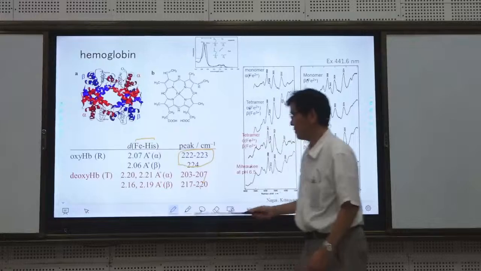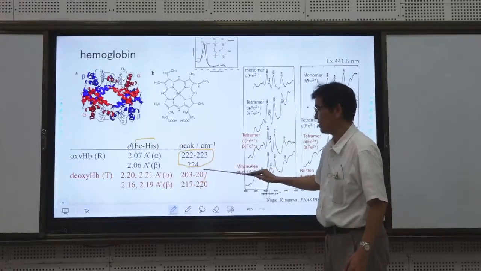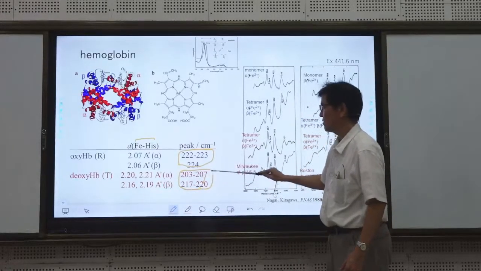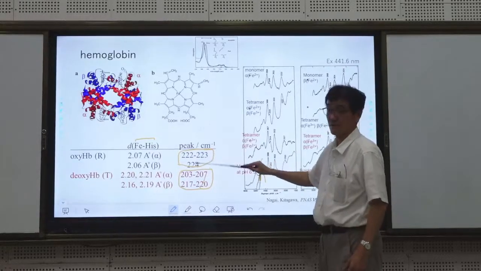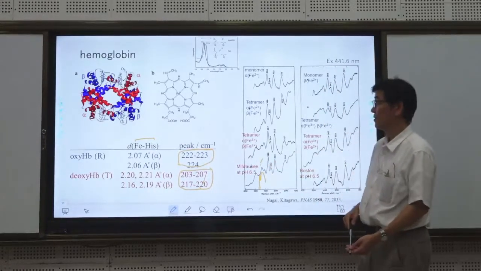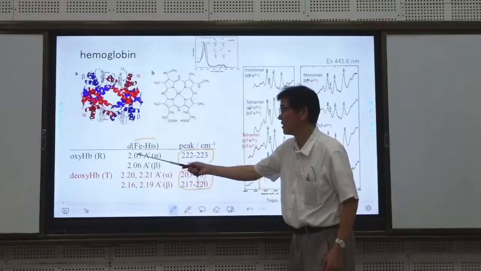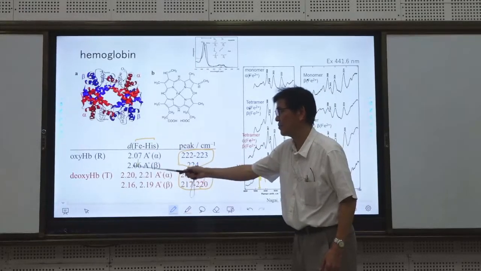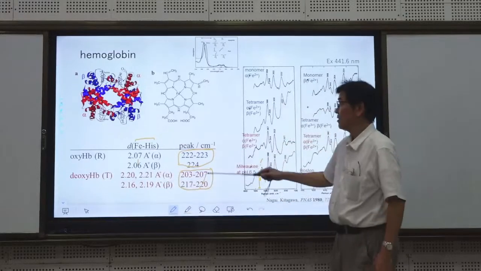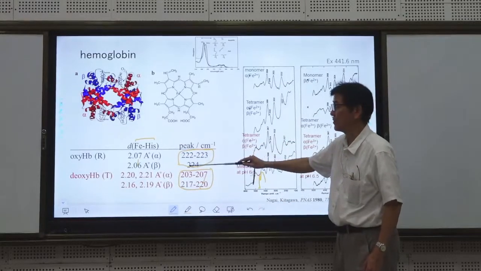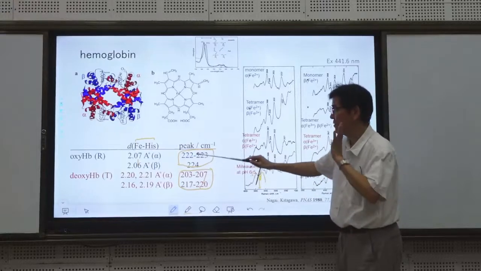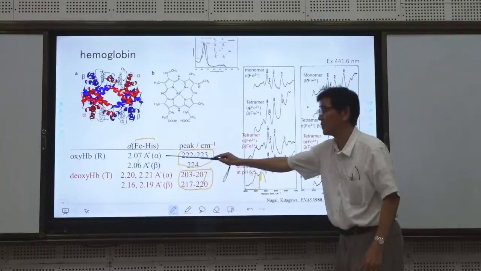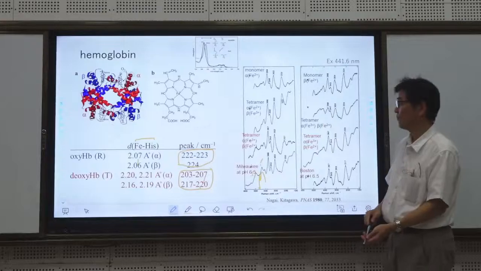In the case of deoxyhemoglobin, the peak position is clearly different from these numbers. Even though the distance difference is considered to be less than 0.2 angstrom, the vibration frequency sharply detects the structure change.